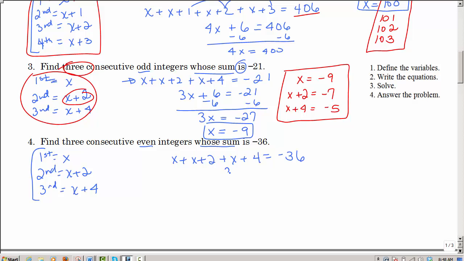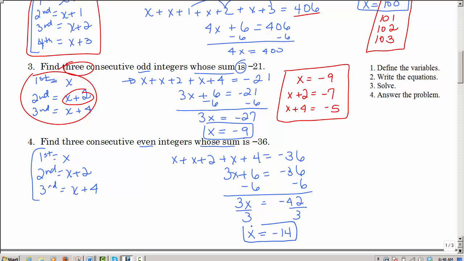All right, so collect like terms. Subtract 6. Divide by 3. Notice I got an even number. All right, so find 3 consecutive even integers.